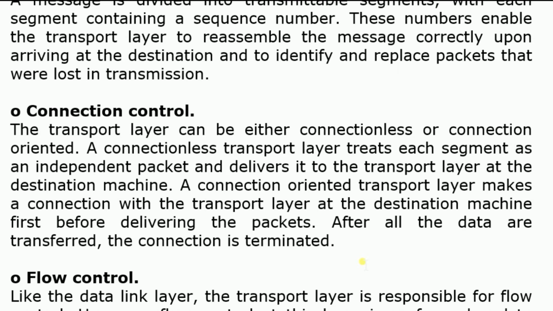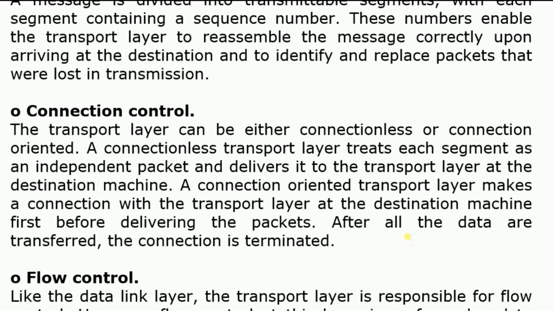That means in the connectionless mode, it directly starts sending the packets, but in the connection oriented mode, it tries to identify the device in the transport layer on the other side, then it transfers the data or packets.